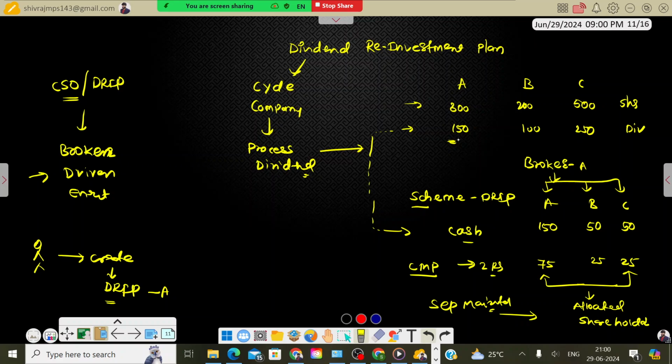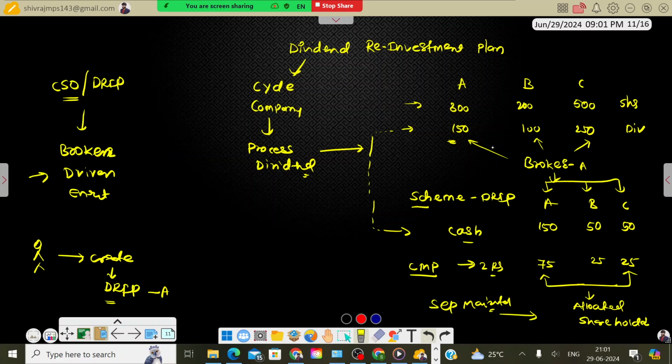But on the processed dividend amount, the broker will reach out to each one and convince all of them: look, I have a better investment opportunity. You can invest the amount in this particular pool, so that we invest it in different companies, or maybe the same company.